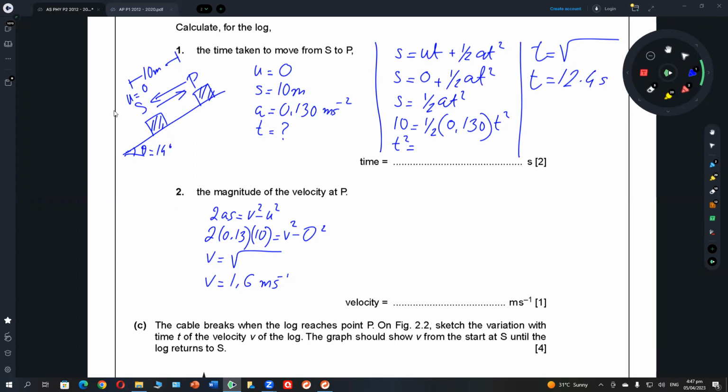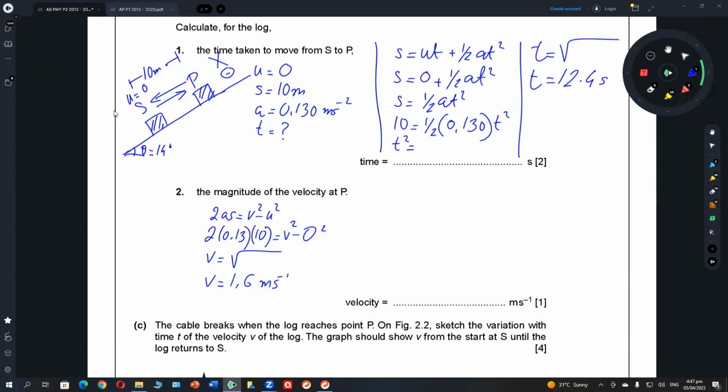Do you think the log will stop immediately at P, or it will first decelerate and go beyond P and then stop? It will go a bit beyond P. Good. And then suppose the log goes up to a new point, let's say X. It will stop there and then come back.